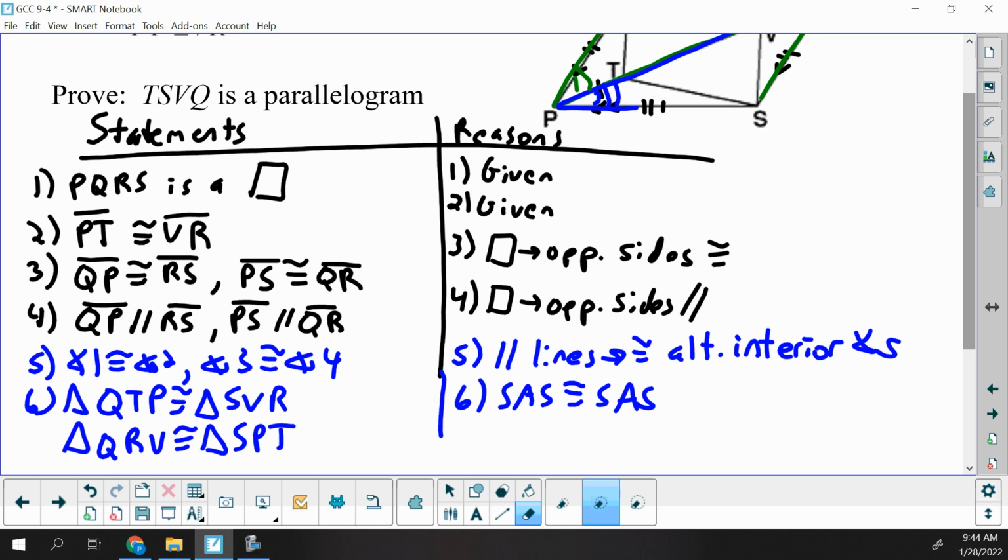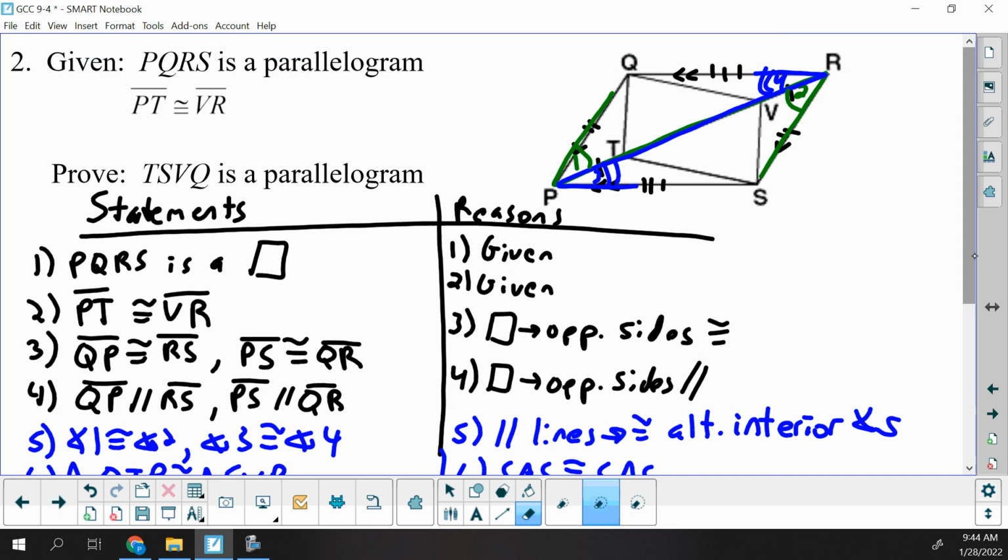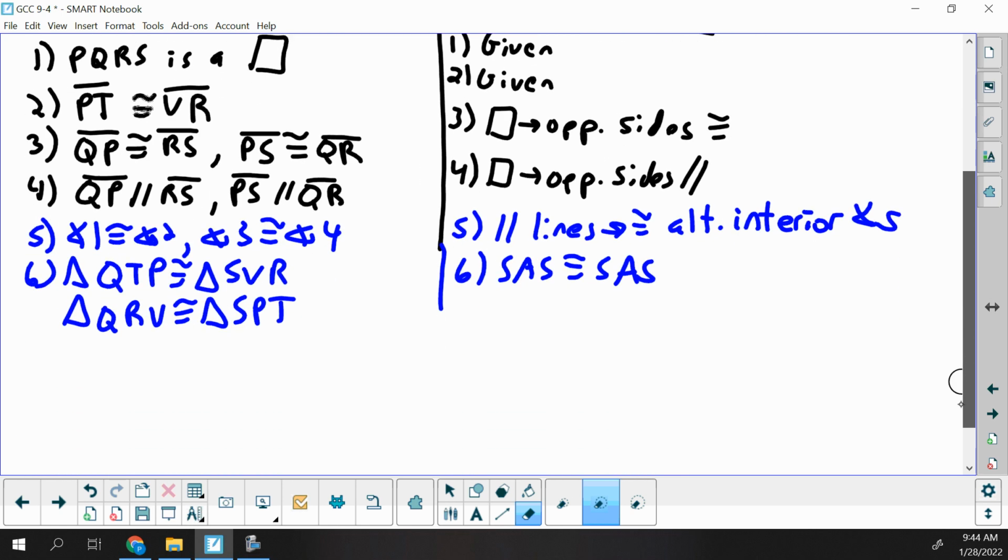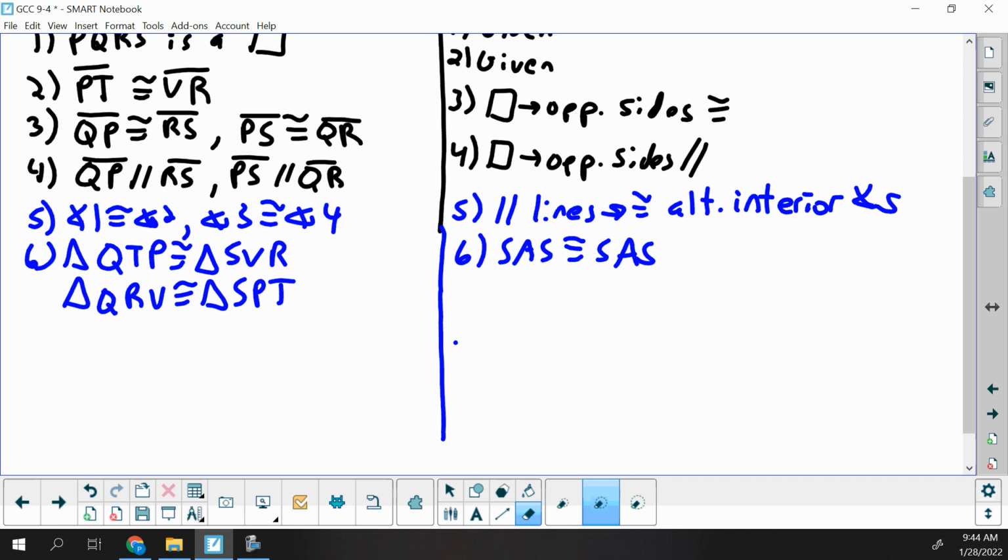Well, once you get the triangles congruent, remember we can get any additional sets of sides and angles congruent within those triangles. Well, that will allow us to get the opposite sides of the inner thing we're trying to get to be a parallelogram congruent. So we're going to make TS and QV congruent and QT and VS congruent by our congruent triangles implies congruent corresponding parts.